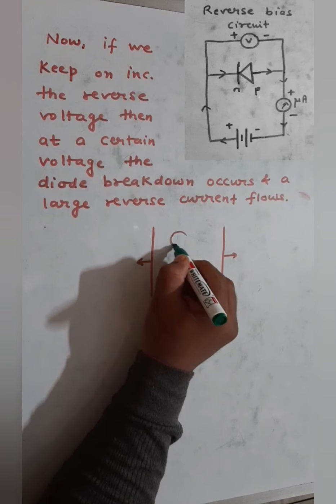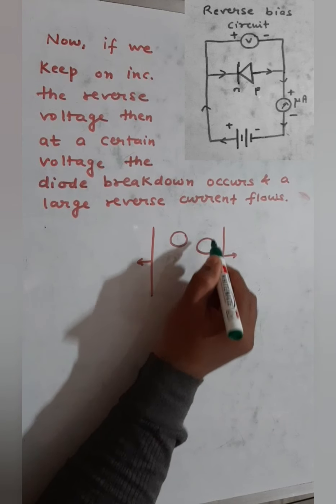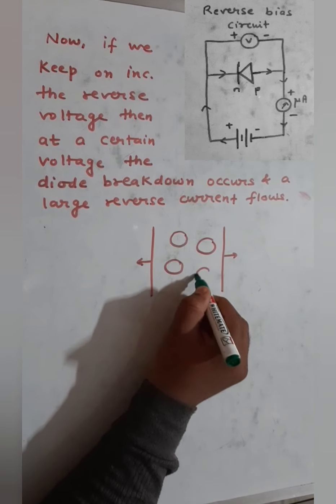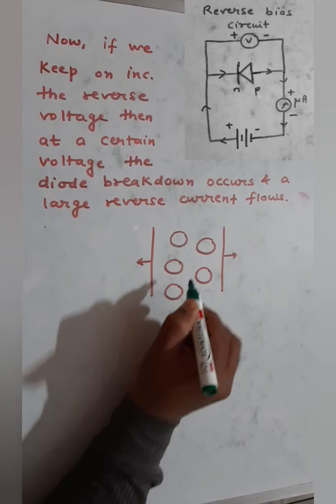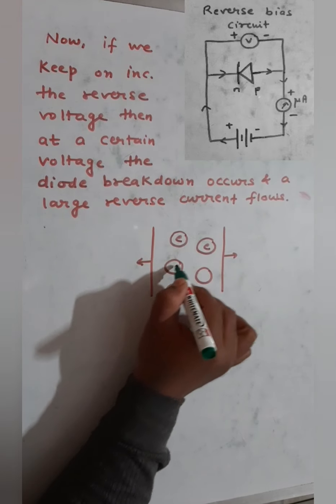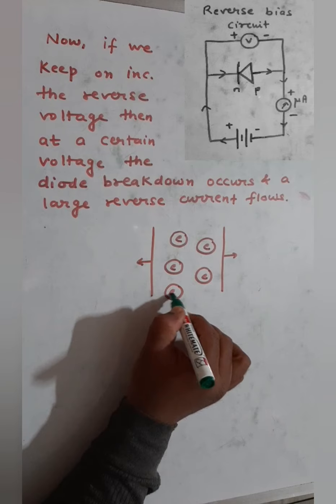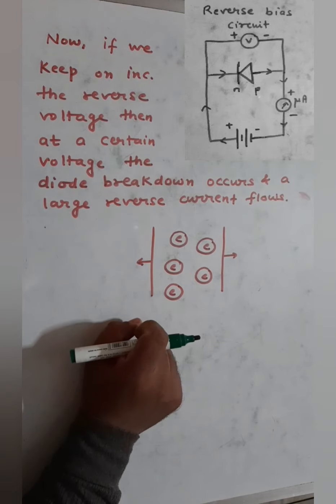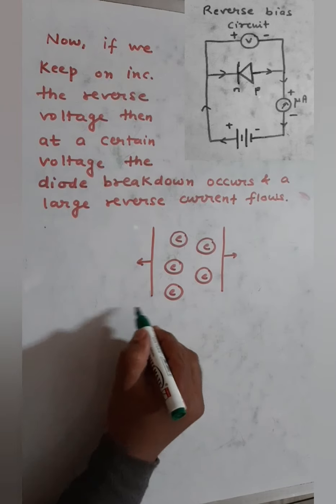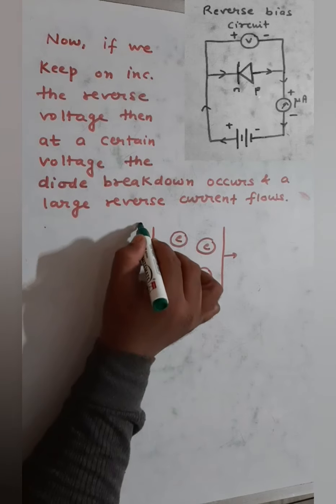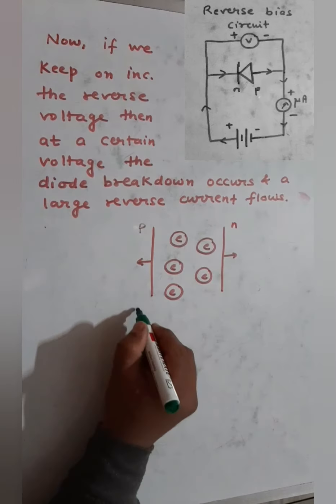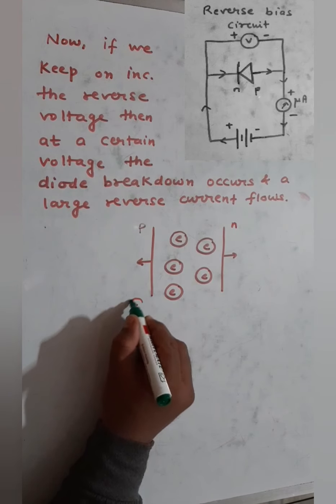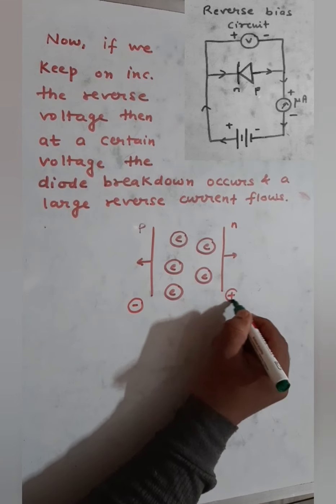So now there are no free electrons or holes in the depletion region, or you can say that there are both electrons and holes in the depletion region, but they are in a combined state. Now what is happening, this was P and this was N, this was connected to negative and this was connected to positive.